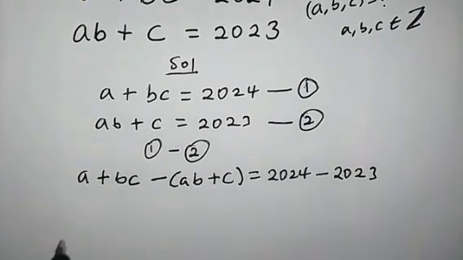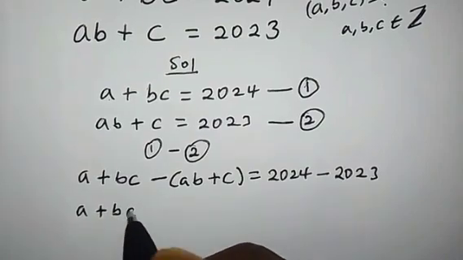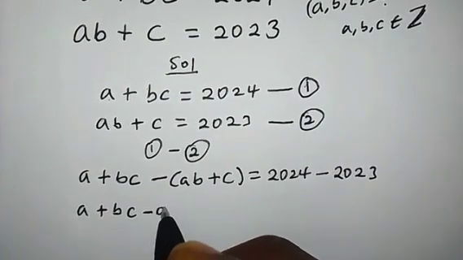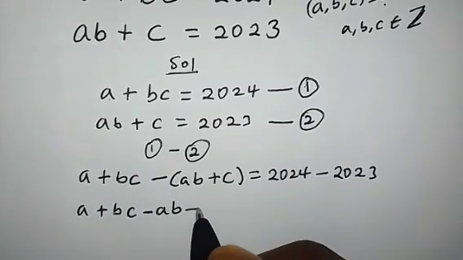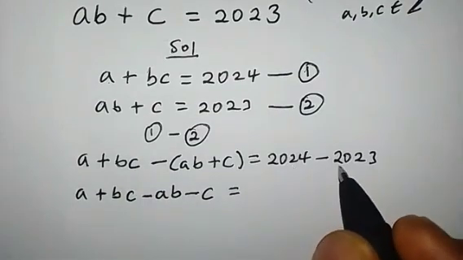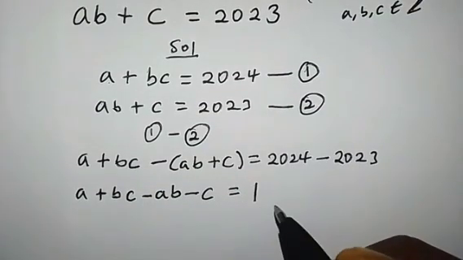Let's continue. A plus BC minus AB minus C equal to 2024 minus 2023. That is simply 1.